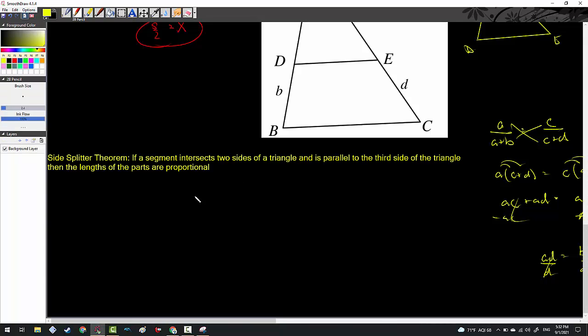Which basically means A over B is equal to C over D. Okay, go ahead and pause for a second if you need to write that down, I'll move on to the next problem.